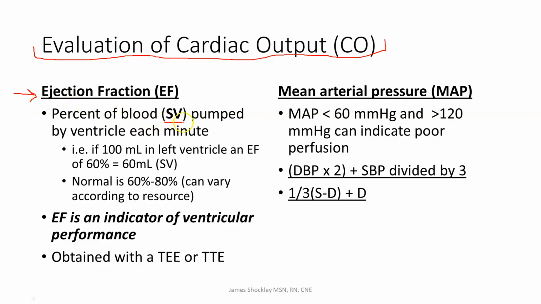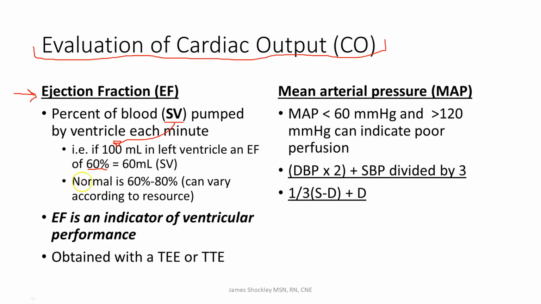But instead of saying my stroke volume is 100 milliliters, I'm saying my stroke volume is 60%, 70%, 80%, whatever it may be. All you're really doing is taking the stroke volume, and the volume of blood left in the chamber, and then you just divide them, and that will give you your actual ejection fraction percent. That's not something that we can do.